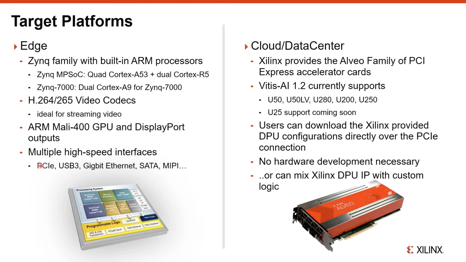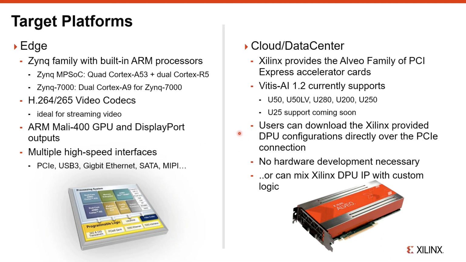And then obviously we have a series of other interfaces and peripherals present on this device, especially things like Gigabit Ethernet, USB for cameras, and MIPI for cameras and other forms of vision sensors. So it's a platform that was absolutely ideal for implementing convolutional neural networks, especially within an embedded vision scenario.